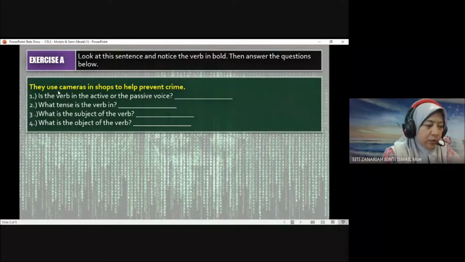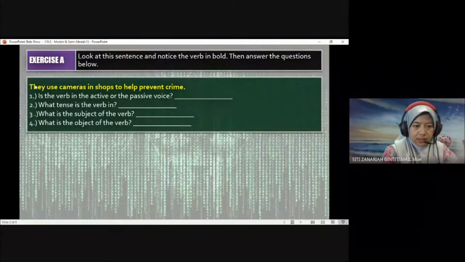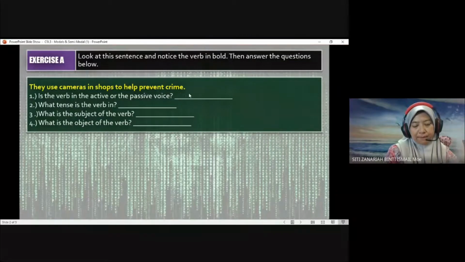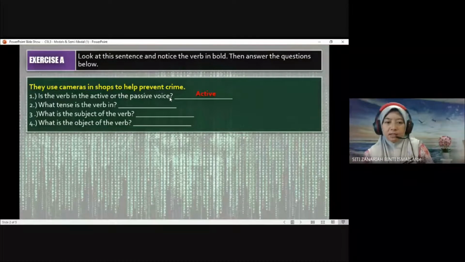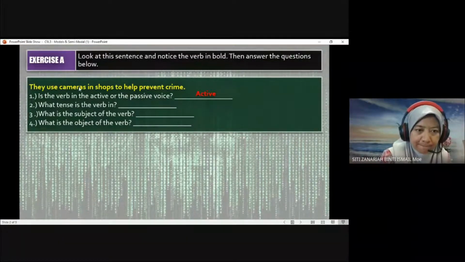Just now I showed you the example of active and passive voice. Active or passive? Yes, it is in the active voice.